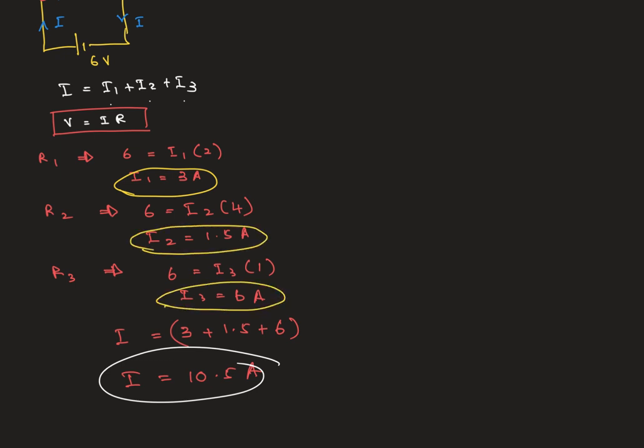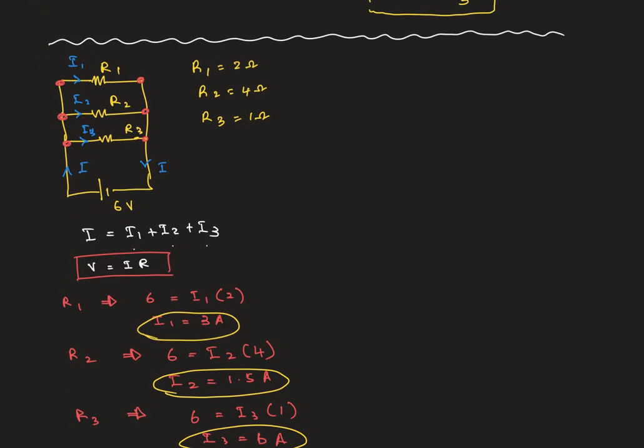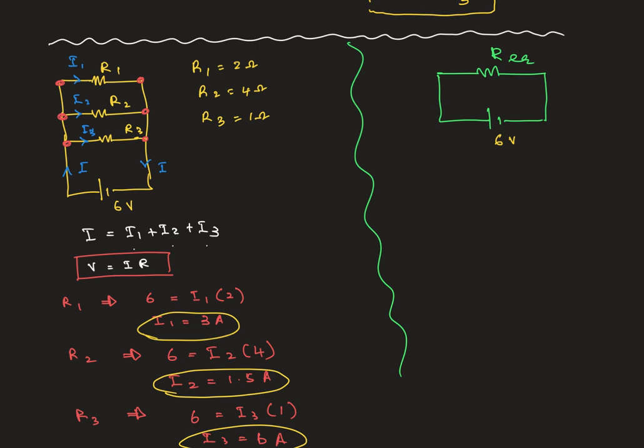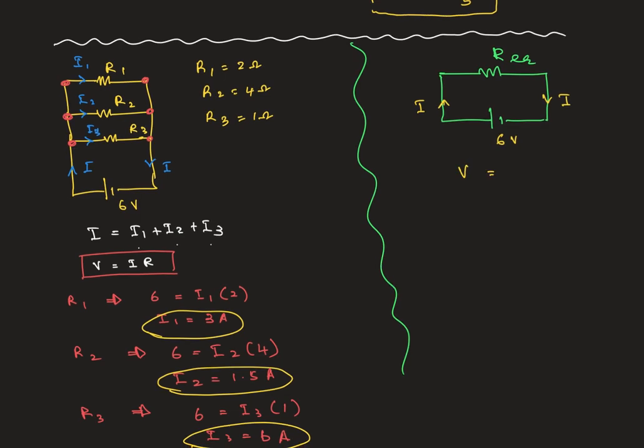Now this is one way of approaching the problem, and the second way is getting the equivalent resistor, the equivalent circuit. The equivalent circuit has the same form as before. The look doesn't really change. And there you have 6 volt across the battery, and the current going around is just the same I. It's up to you to decide how to do these problems.